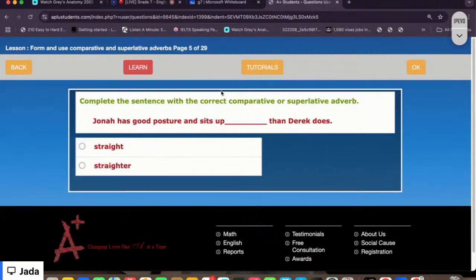Jonah has good posture and sits up dash than Derek does. So sits up straight or straighter than Derek does. Which of these?